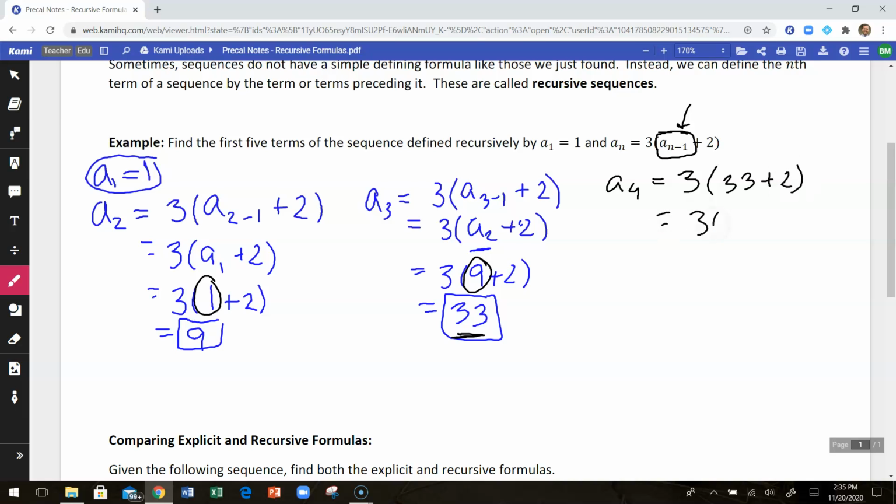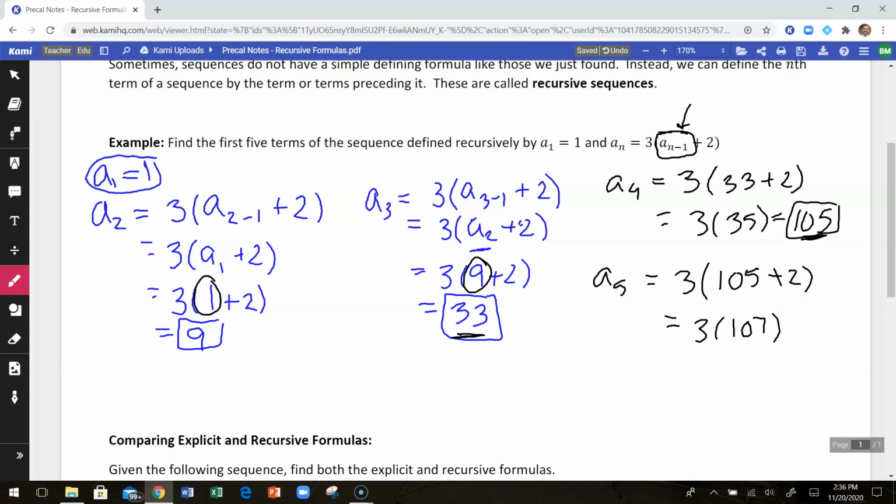So that's going to give me 3 times 35, which is going to be 105. Right, and if I want to find the fifth term, I'm going to do 3 times 105 plus 2. Right, I'm using the term right before it. So that's going to give me 3 times 107, which would be 321, and so forth.